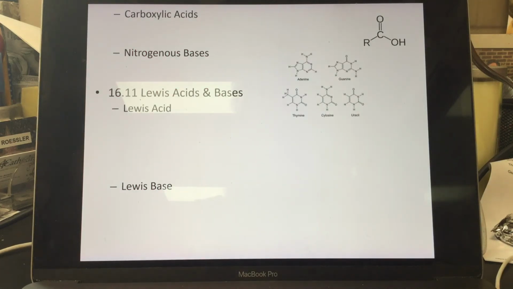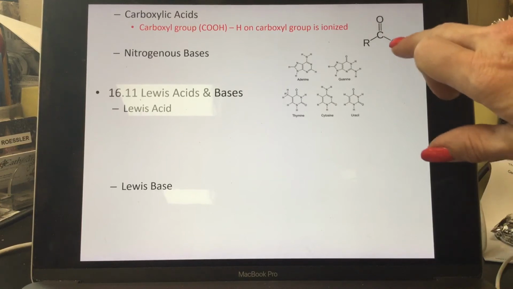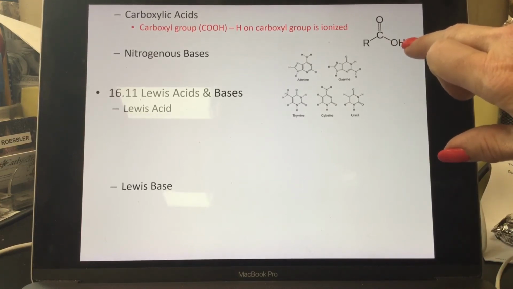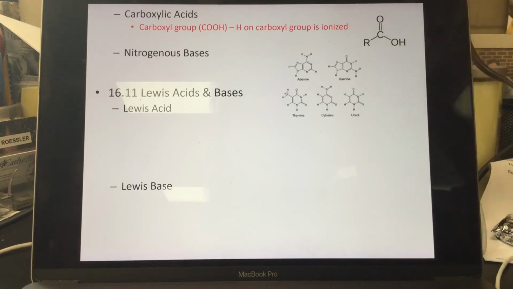Then carboxylic acids. Those are our organic acids, which have a carboxyl group. That's what this is showing here, the C double bonded O and then the OH. That's the hydrogen ion that gets donated when it is ionizing.